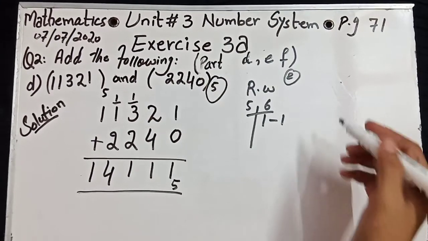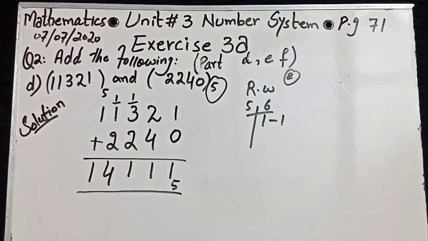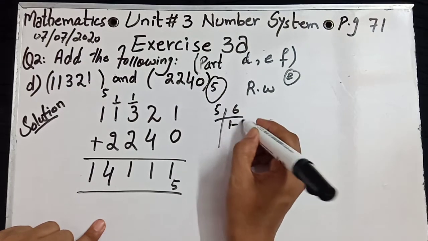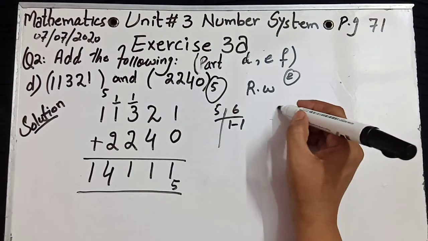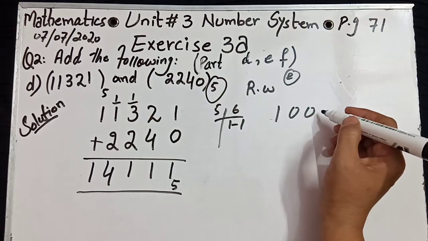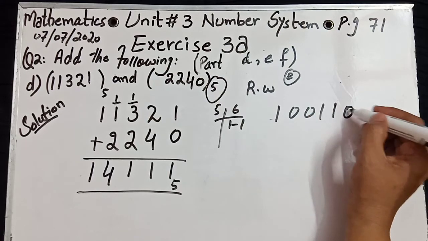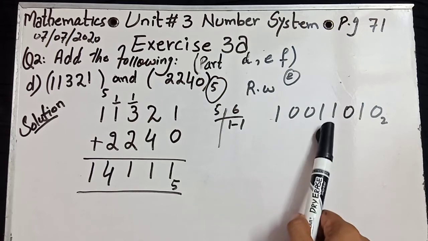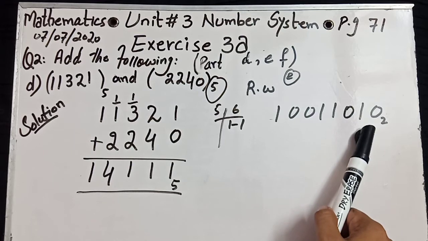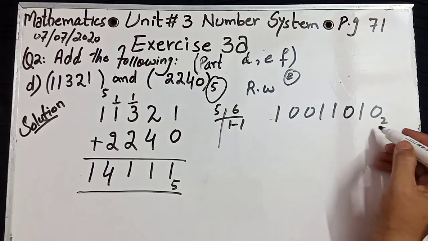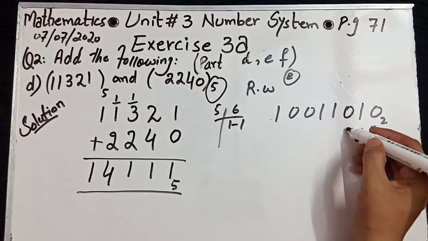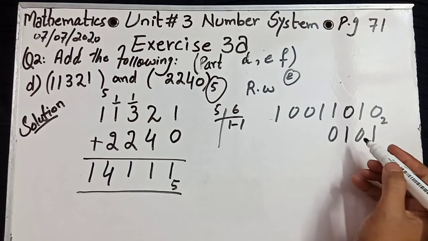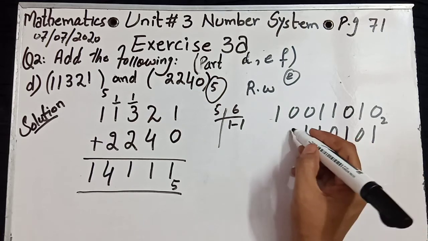Next part, E1. 1010 base 2. Clear? 1 0 0 1 0 1 0 plus 1 0 1 0 1 1 1 1.